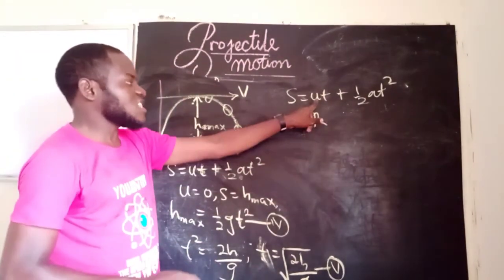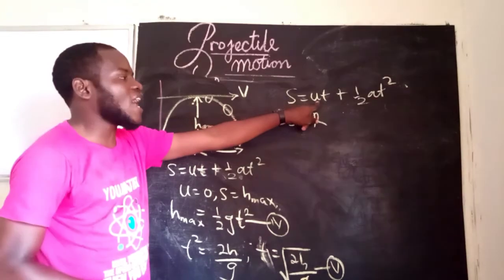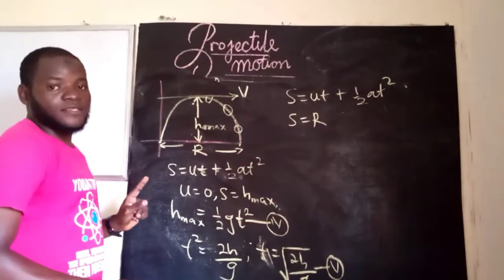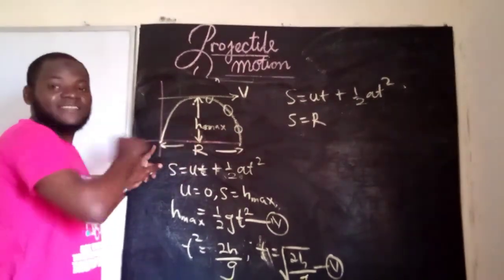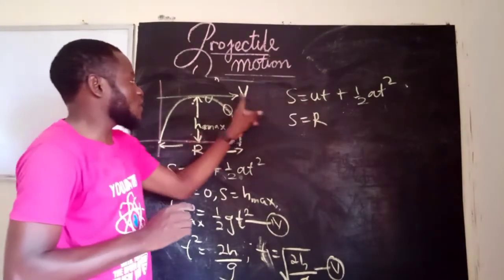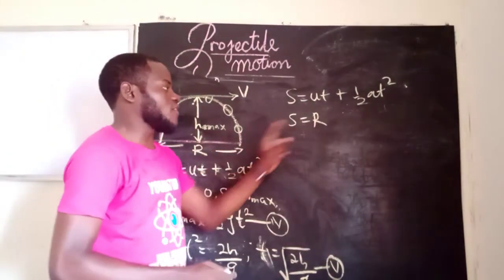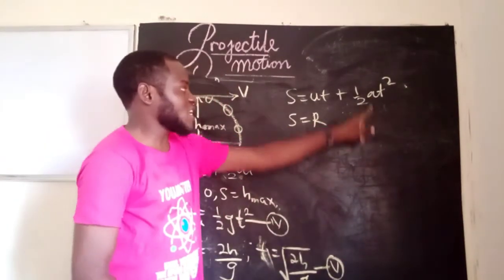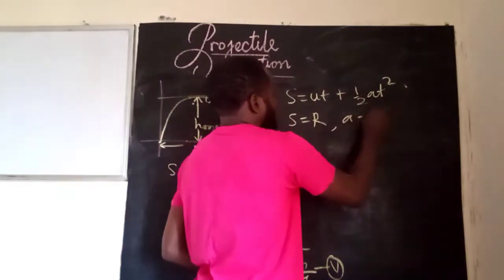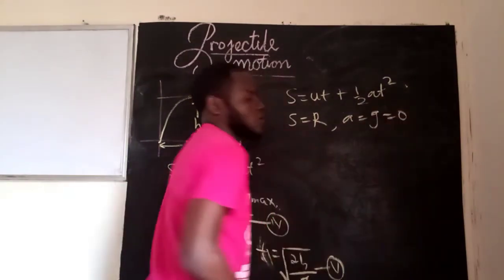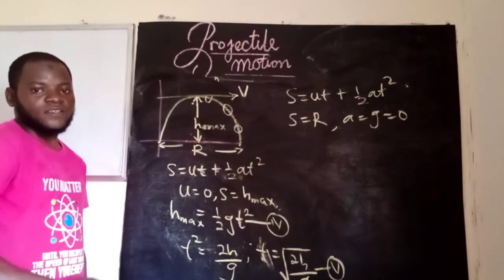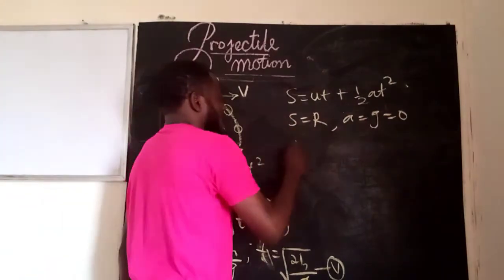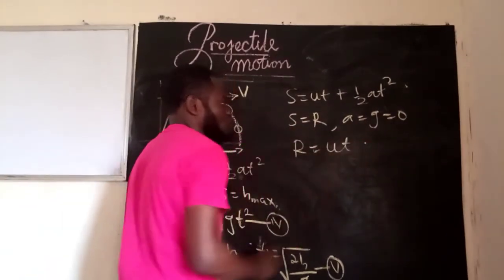R. And this velocity now is no longer a vertical velocity, because we are now considering horizontal distance. So this velocity becomes the horizontal velocity. Hence, because the body is projected horizontally, a will become g and will become what? 0. So we have that R is ut.